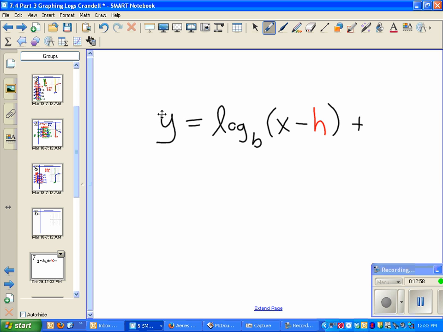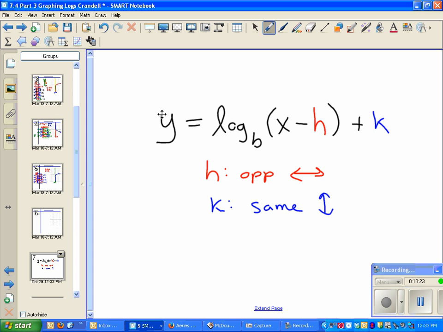So again, h is the best friend, the BFF, so that's closer to the variable, and then k is on the outside. H is for horizontal shift, so h is the opposite direction, and it's horizontal. K is the same, and it's the vertical shift.